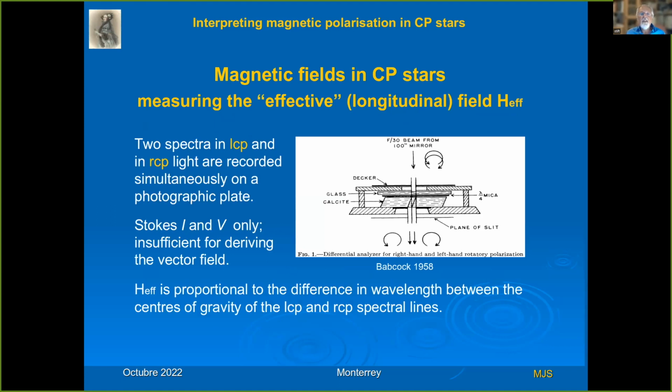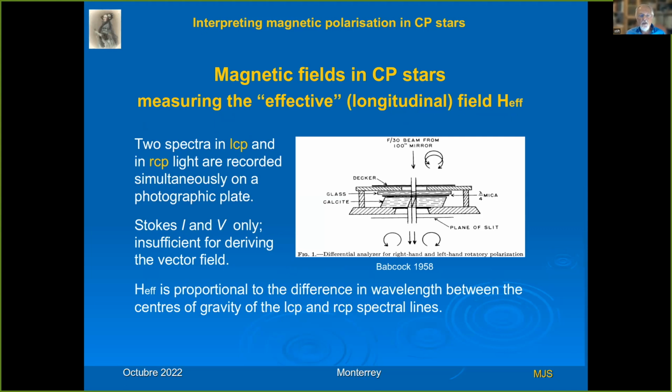Starting at the very beginning of the study of magnetic fields in Ap stars, back in the late 1940s, Babcock recorded 2 spectra in left circularly polarized light and right circularly polarized light simultaneously on a photographic plate, which just involves Stokes I and V.